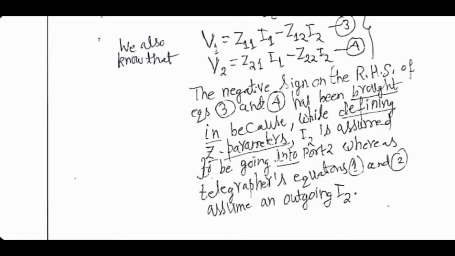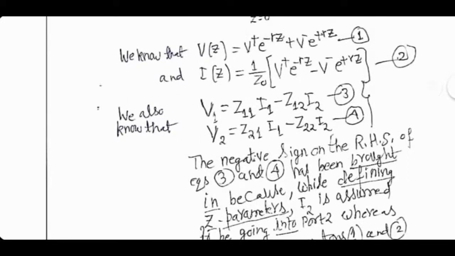Z11 is obviously V1 divided by I1 when I2 is 0, right? Now I2 is going to be given by equation 2 as long as you are willing to put small z equal to small l, because that is the output port position.